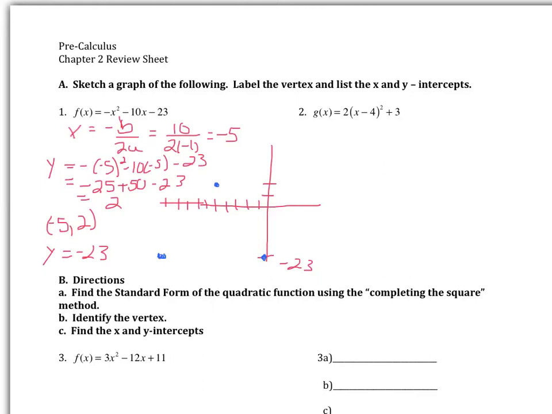So this graph is for sure going to cross the x-axis, but we want to know where. So to do that, we can either factor or we can complete the square. So first, I am going to try to see if it's factorable, but I don't think it will be since 23 is a prime number. So I'm first going to set this equal to 0.